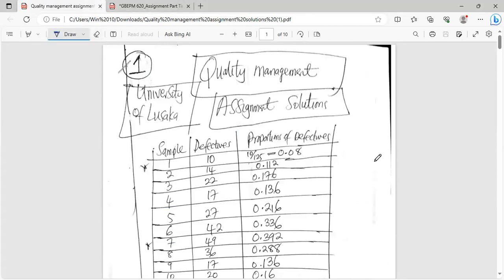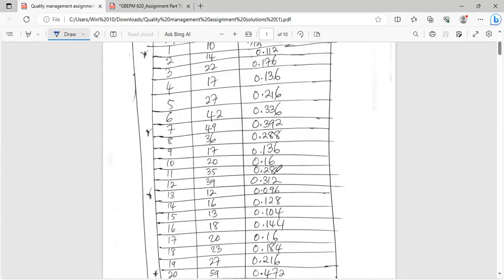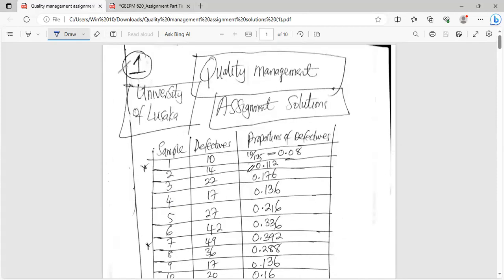In the solution, we are simply looking at the total, so here it will be 10 divided by 125.